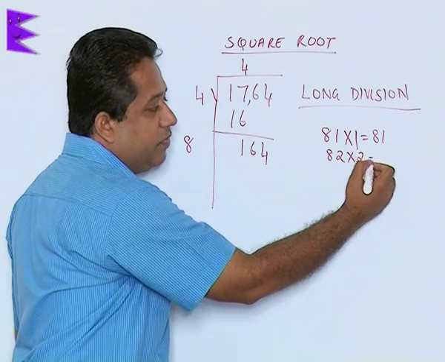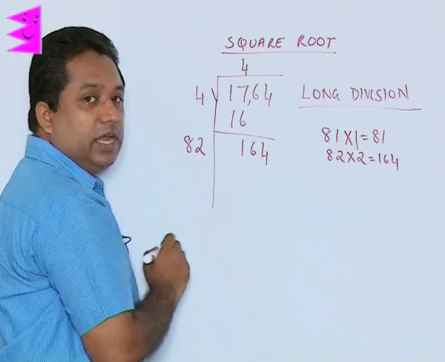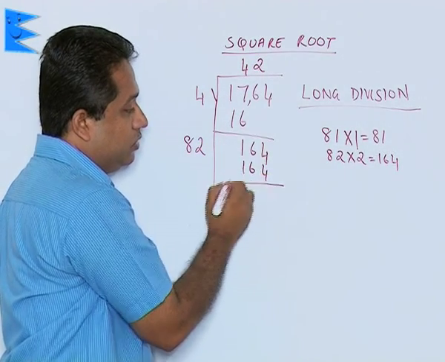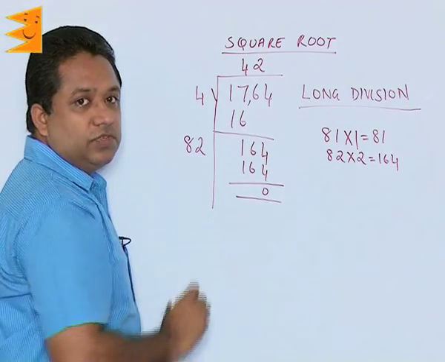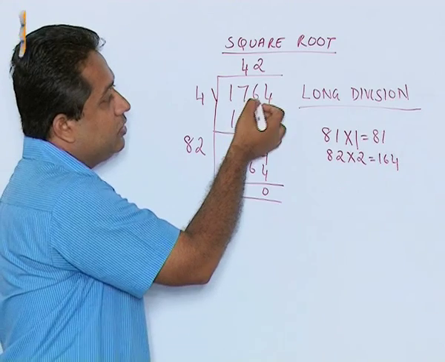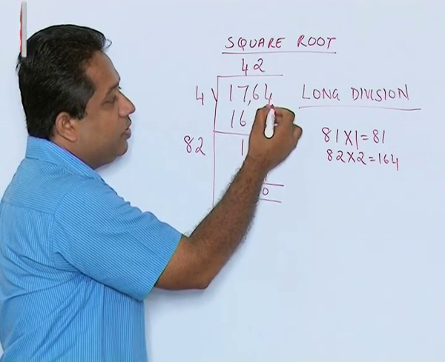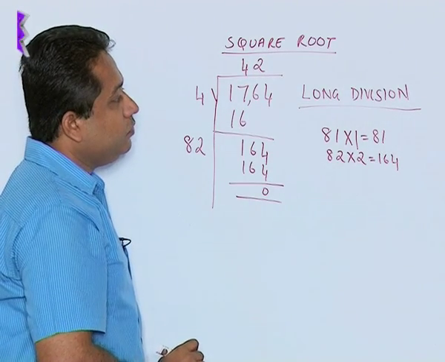So, 82 into 2 we get 164. Therefore, we write here 82 into 2 will give you 164. So, this remainder becomes 0 and therefore, we get a perfect square because 42 square is 1764 and the root of 1764 is 42.